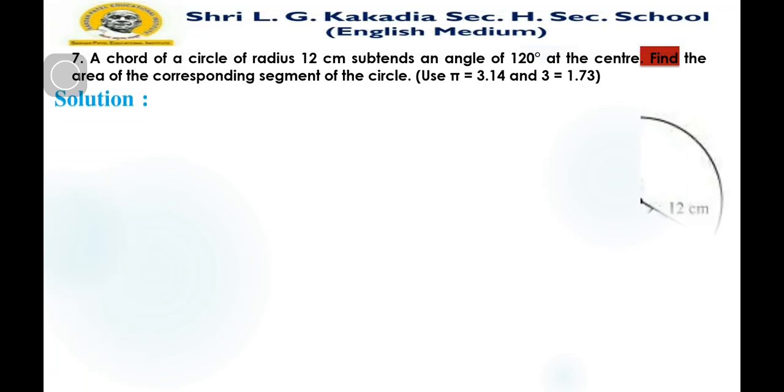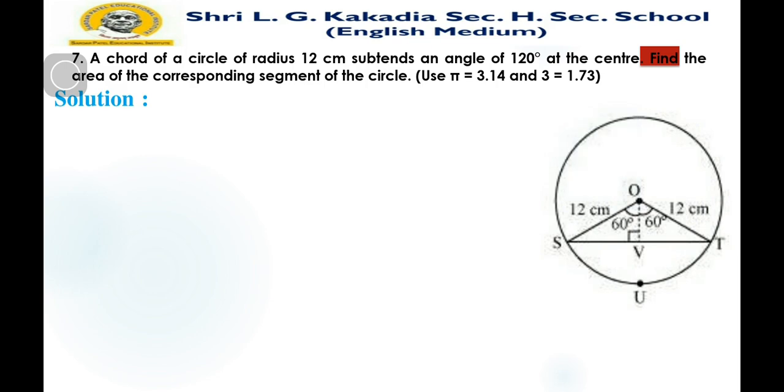As you can see in the figure, we have taken a chord ST. The radius is given, OS and OT are 12 centimeter, and the total angle subtended at the center is 120 degree.